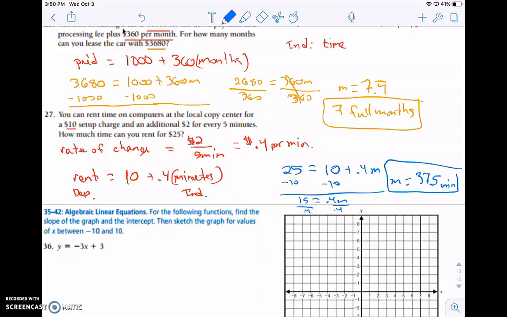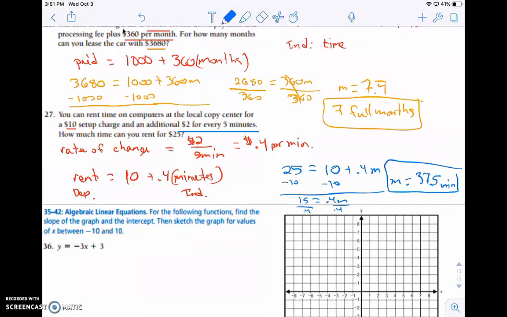So you get 37.5 minutes for $25 that you'd be able to rent this computer at this local copy center. Now, is this model reasonable? It's reasonable, except there's one little thing, and it would be dependent upon the place. When it's $2 for every 5 minutes, a lot of times these companies will charge you $2 for the first 5, and then if you're at like 7 minutes, they're going to charge you $2 again, so it'll be $4, even though you haven't gone all the way up to 10 minutes.